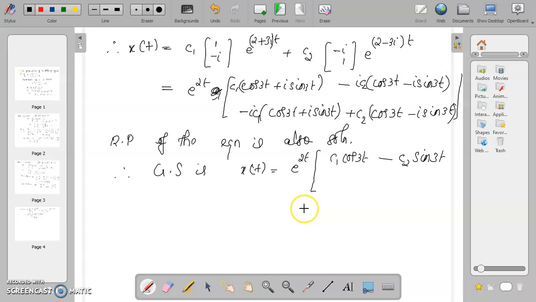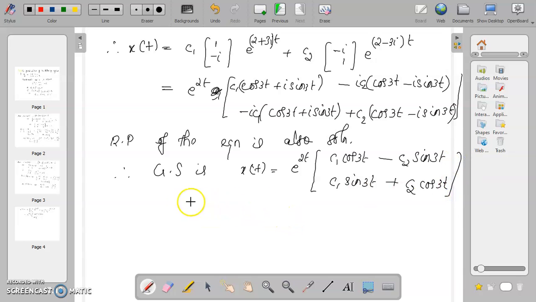Then for the second term, e raised to 2t into, the real part is c1 sin 3t plus c2 cos 3t.